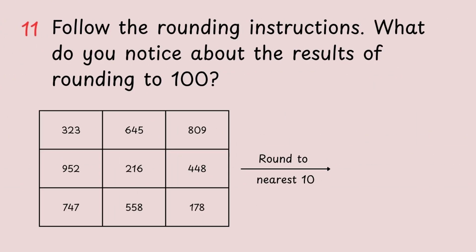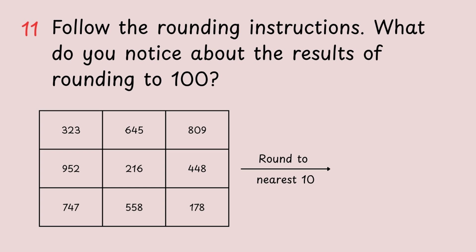Question 11. Follow the rounding instructions. What do you notice about the results of rounding to 100? So, in the table you can see 322, 645, 809, 216, 448, 747, 558, and 178.